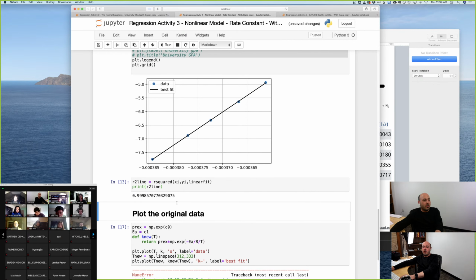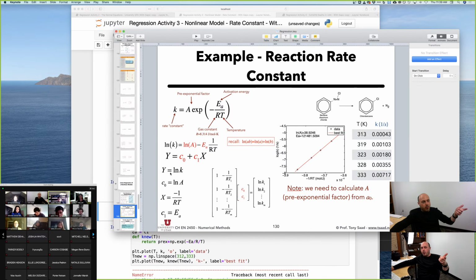Okay. All right. So now we found our C0 and C1 in the transformed equation. I want to take those and convert back to the original model to find A and EA. And simply the relation is C0 is simply log of A. So therefore A is the exponential of C0 if I want to go back to the original model.